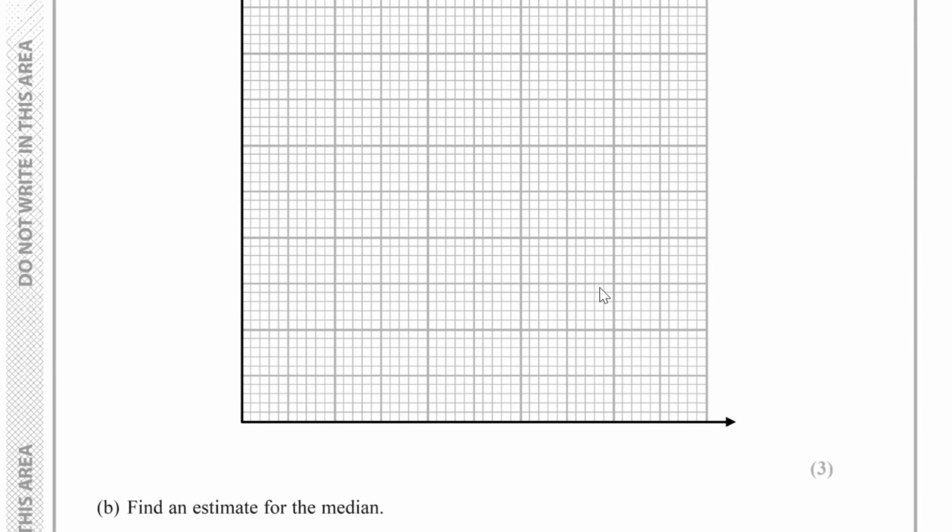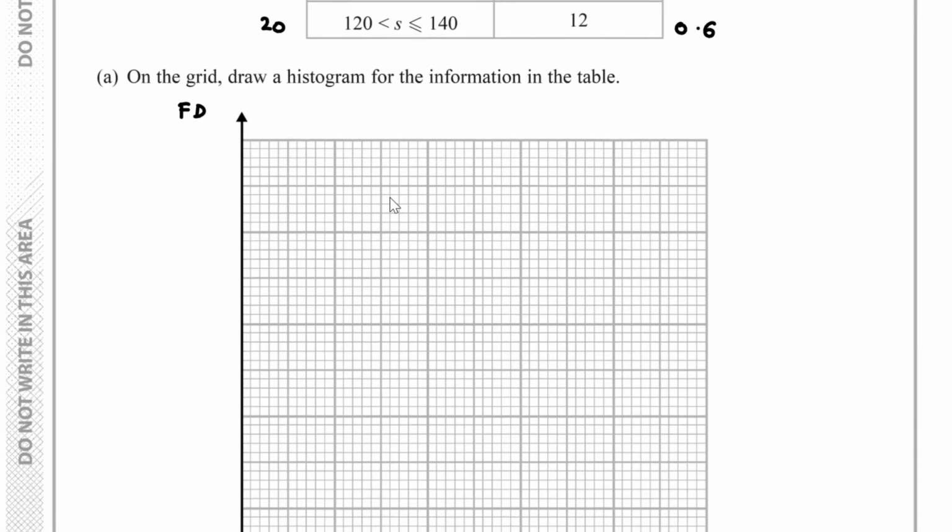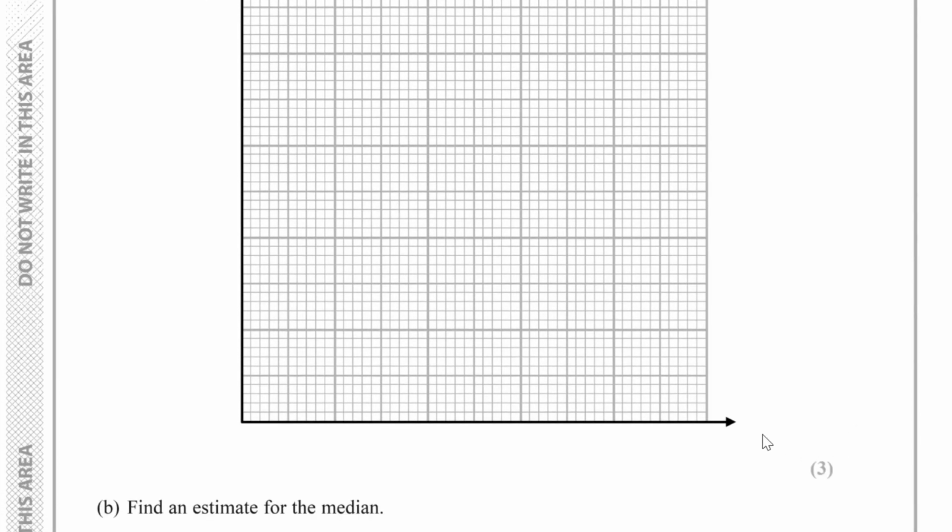So when we come to, well, let's just first of all label the axis. So here we've got the frequency densities, we need to show that, and here we've got the speed. And don't forget the units of speed, we have kilometers per hour.